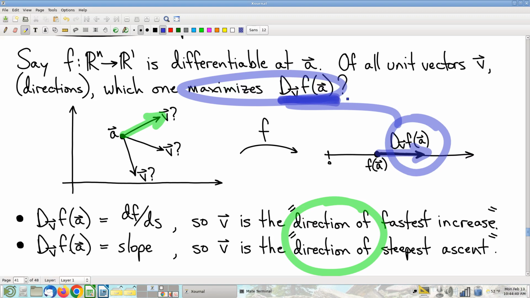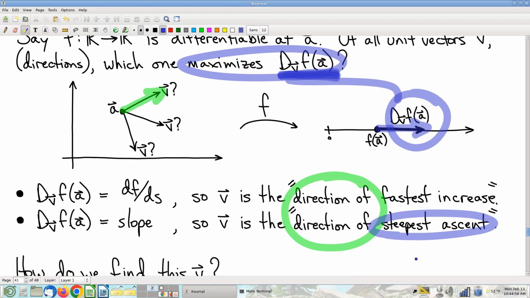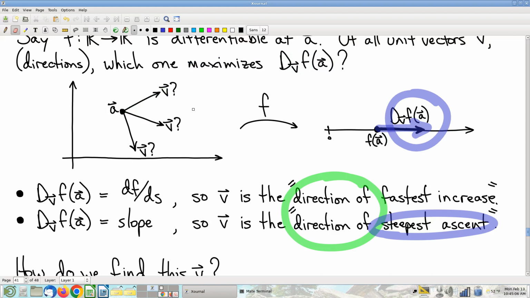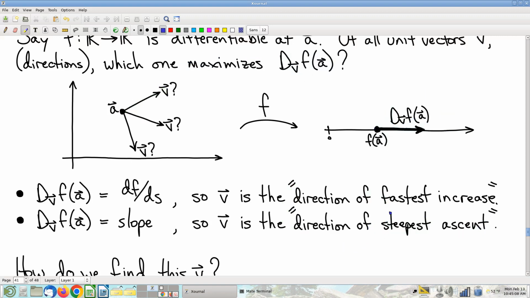And so if you want to maximize your slope, namely how steep the hill is, how steep the graph is, steepest, right? Maximizing steepness, we would say steepest. So this is the direction of what they call steepest ascent. This is the direction which, if you go in that direction, climbing the hill is as steep as possible. So, FYI, both of these terms are out there.